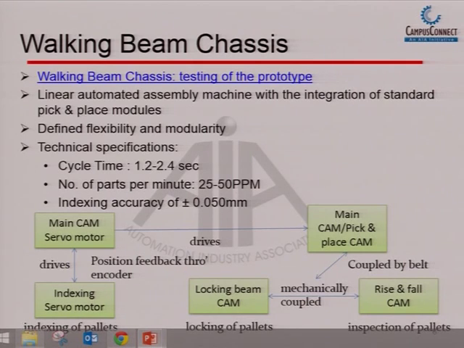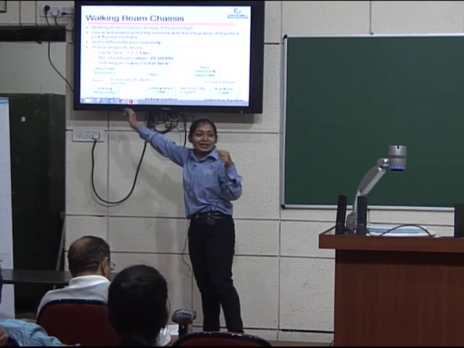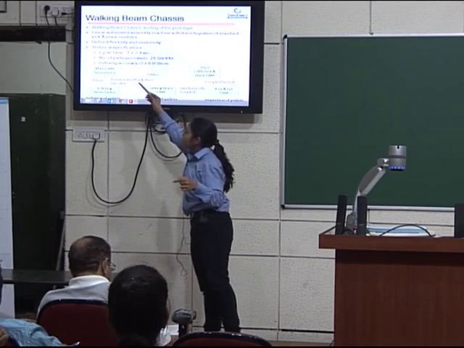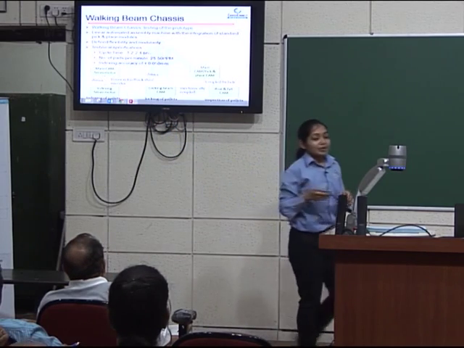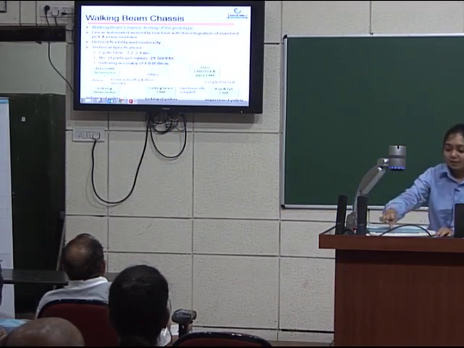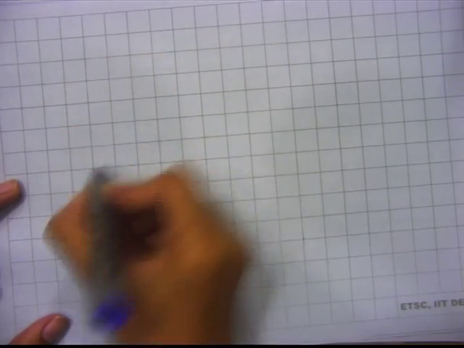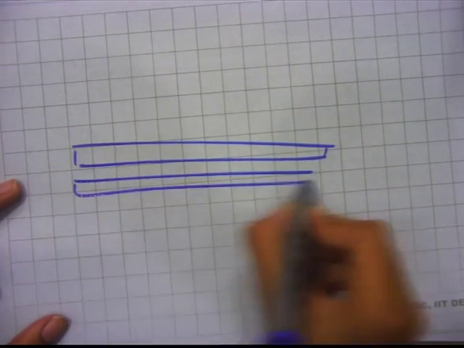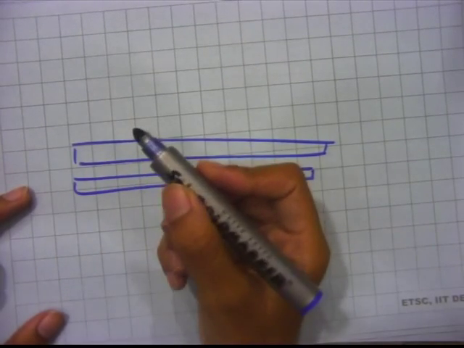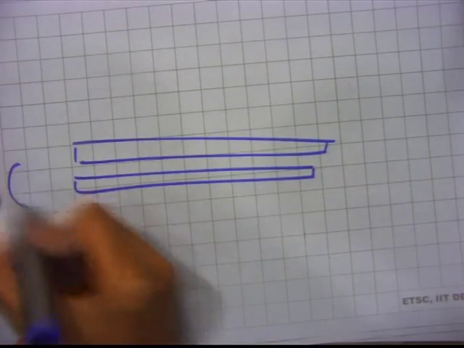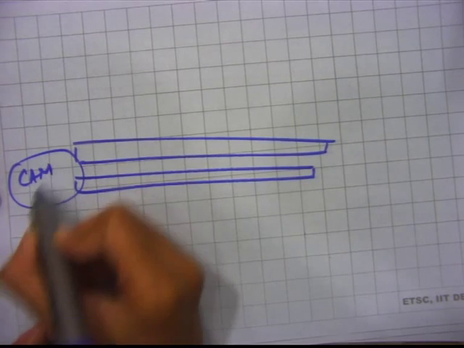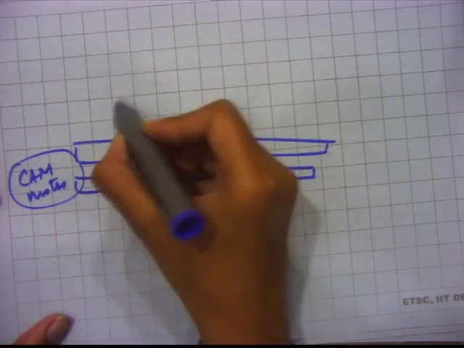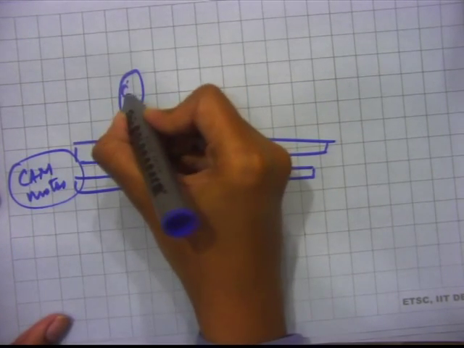Now, when you have one servo motor, the servo motor drives the indexing motor. So suppose this is the walking beam and this is the locking beam. And you'll have the motor here. And here will be the main cam.